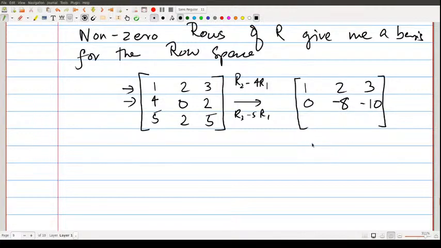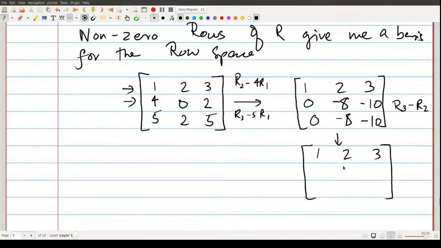Second one, 5 minus 5 is 0, 2 minus 10 is minus 8, and 5 minus 15 is minus 10. And you can see both of these rows have now become the same. So what I get is now R3 minus R2, and this gives me the matrix, which is 1, 2, 3, 0, -8, -10, and 0, 0, 0.